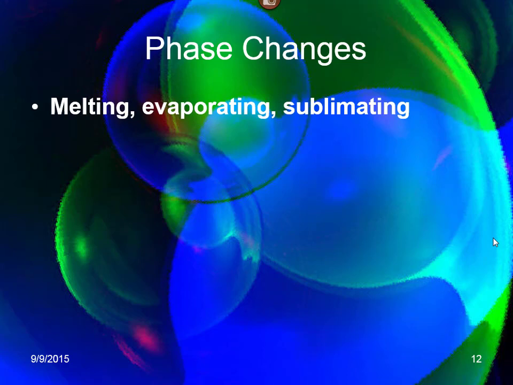We are going to take 3 of those partners and put them together into a category. We're picking the 3 partners that are all very similar in what they do. So the first group of 3 is going to include melting, evaporating, and sublimating.